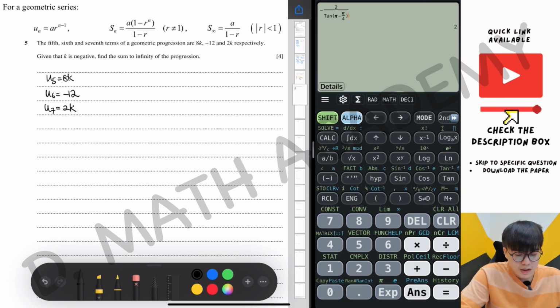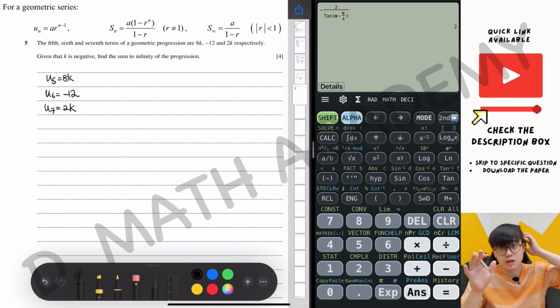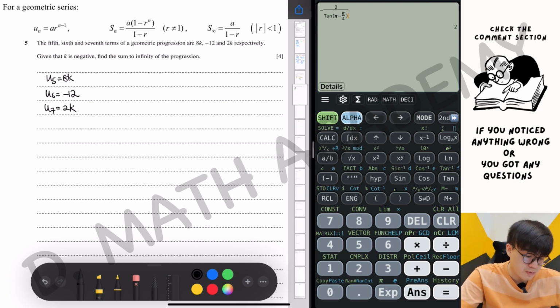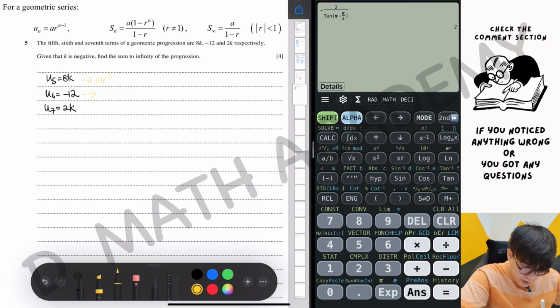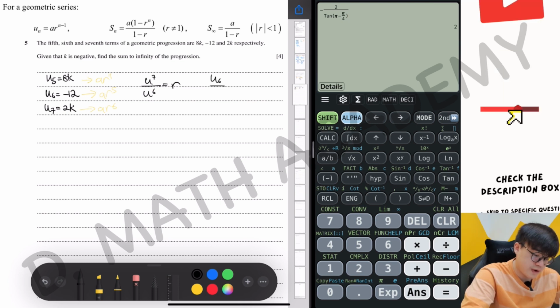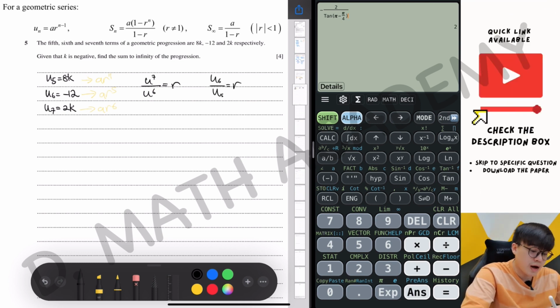About this, there's one thing you need to know: if they give you terms that are close to each other, usually you can use this to identify the common ratio here, that U5 is actually AR4, AR5 and AR6 respectively. So when you divide them against each other, for example, your U7 against U6, you will get R, while when you take U6 divided by U5, you will get R as well.